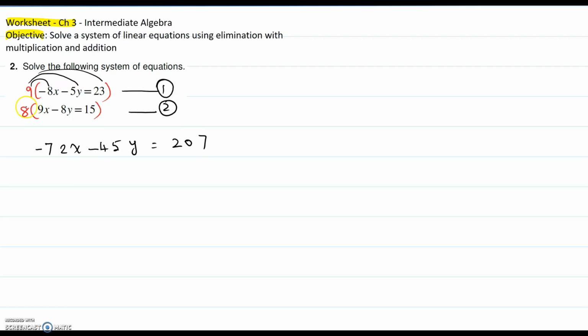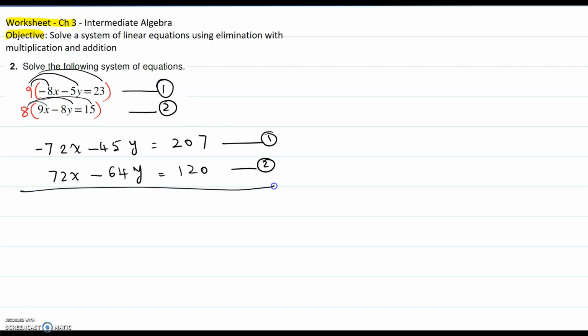So 8 times 9x, that will be 72x. 8 times minus 8y, that is a negative 64y, equal to 8 times 15, that will be 120. This is still equation 1 and 2 because we are only multiplying by the same constant on either side. So they are still equation 1 and 2.